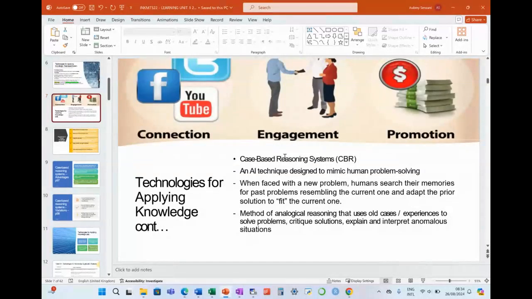Is it actually similar to the previous cases? And on what basis is it similar? Is it close enough? Or can we apply the previous case to this case? All right? And the previous cases then help us decide what is the solution to the current case. Are you now seeing why we call it case-based reasoning systems or system?